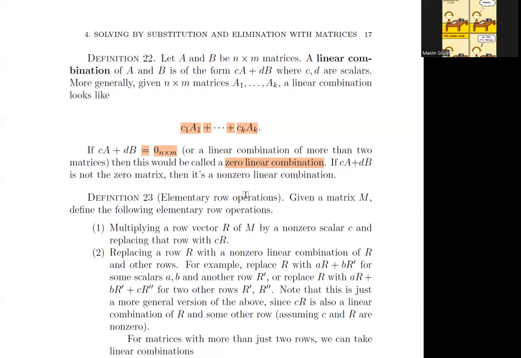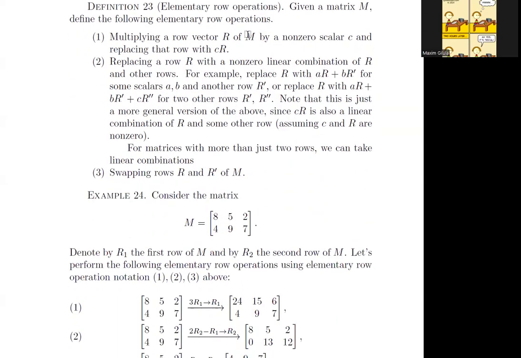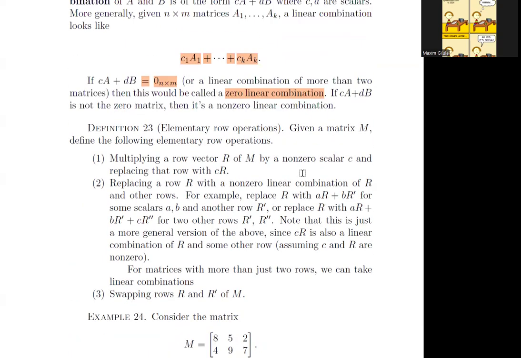So here's the definition of elementary row operations. If I have a matrix M with more than one row, we could define the following row operations. We could multiply a row vector by a non-zero scalar and replace that row with CR. So we've done that already.